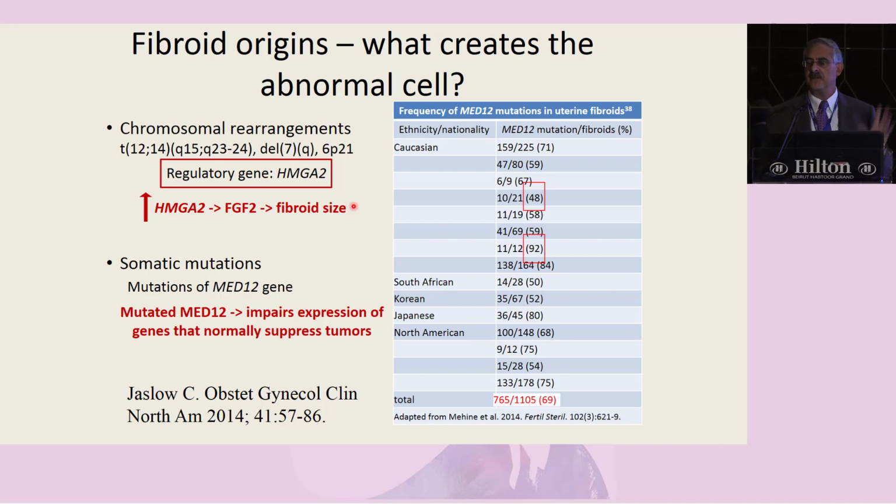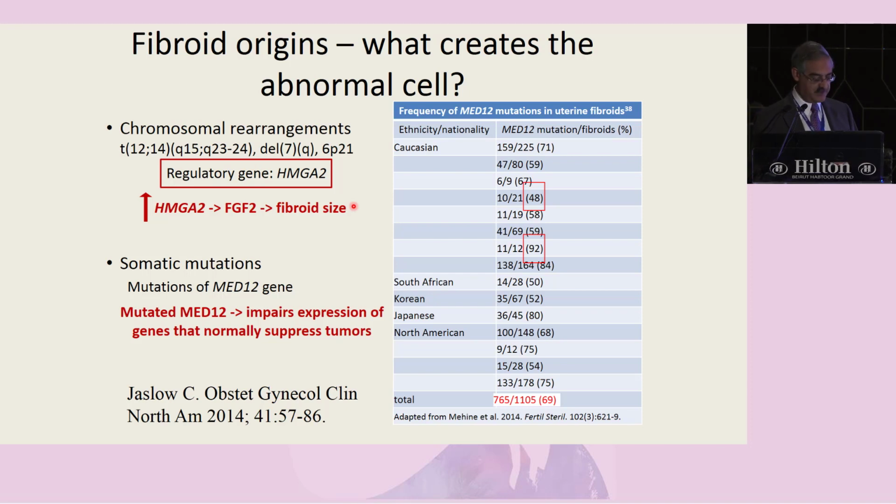I'm not recommending it, but for research studies, people have done chromosome analysis on fibroids, and many of the fibroids in different ethnic groups are genetically abnormal. There's a regulatory gene, HMGA2, and this gene is controlled by MED12. MED12 normally suppresses this regulatory gene, but when MED12 is mutated, the suppression is not there and the cell continues to grow unregulated. So many of the fibroids we know are from a genetic mutation, and then from mutation in the MED12 gene.